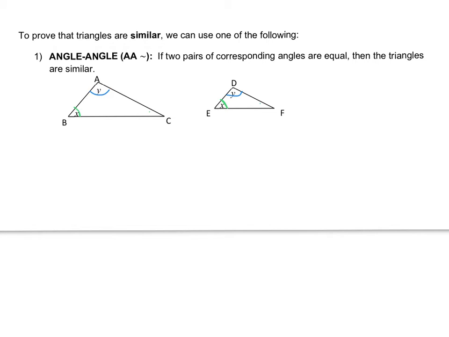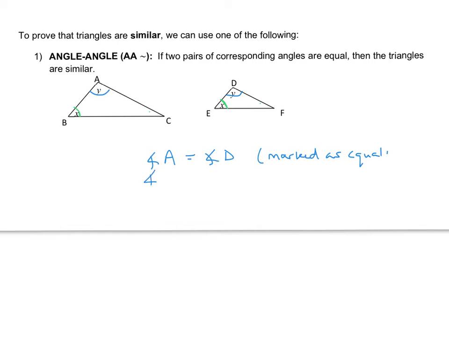So to actually prove that or to explain that, we can do that in words. We could say angle A is equal to angle D, marked as equal on the diagram.